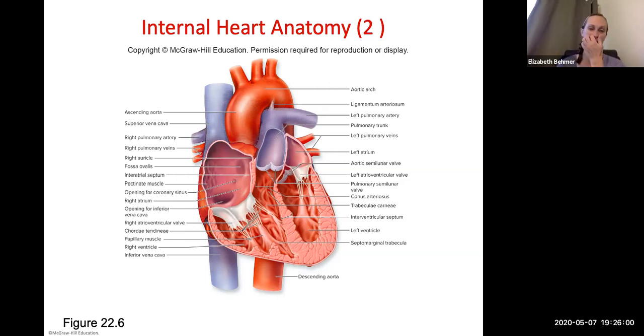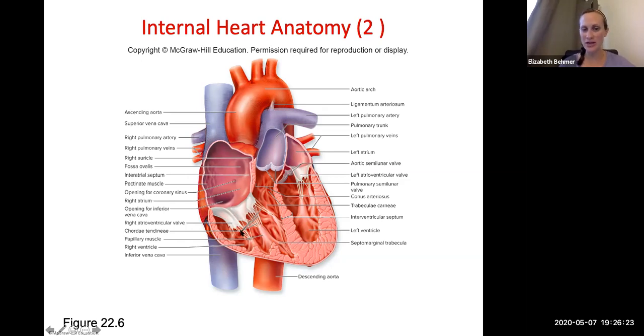And we're going to go through the anatomy of this valve, but I just want to explain a little bit right now. You can see that the valve is attached to muscles in the ventricle, and these little muscles are called papillary muscles. And the papillary muscles have strings or cords that attach themselves to the cusps of the valve.